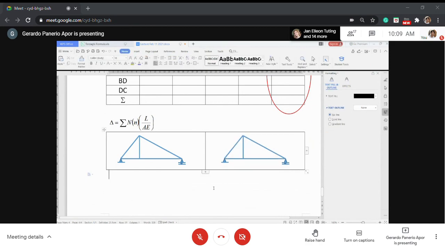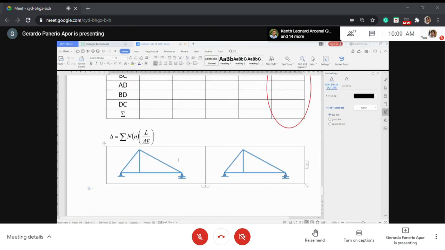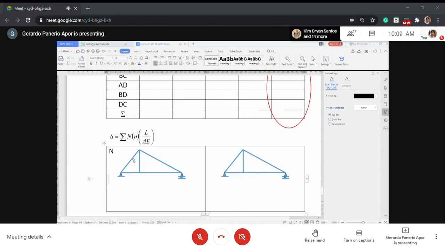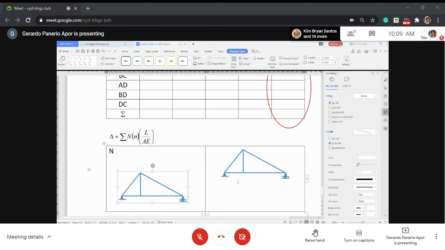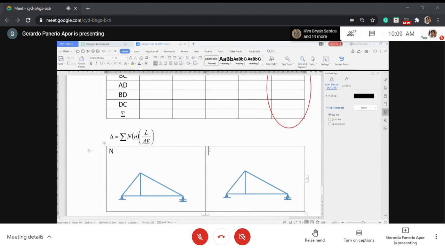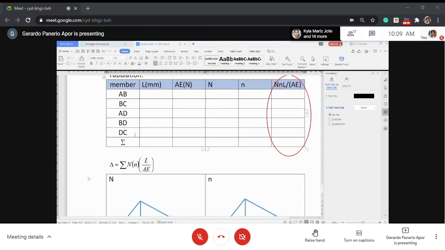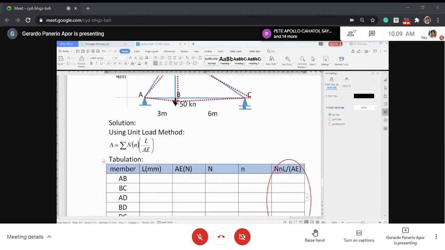Okay. So if I am interested in letter big N, I will put it here. This will be for small letter n. Okay, small letter n. If I am interested in big N, I will use this load.